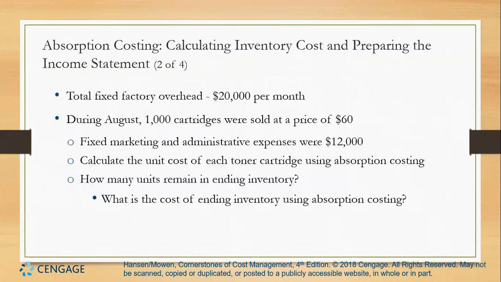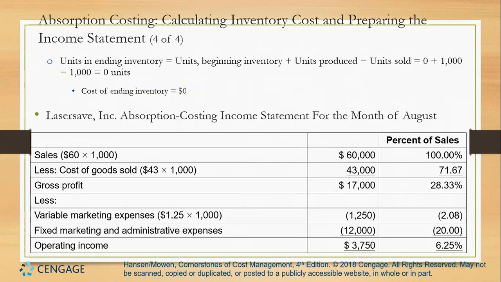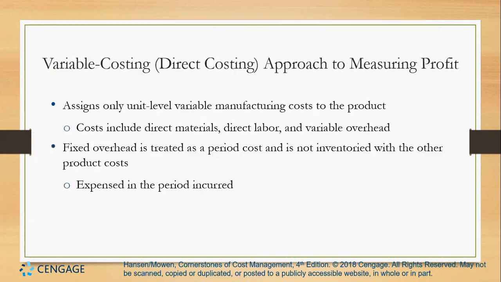Okay, absorption costing: calculating inventory cost and preparing the income statement. Again, this is just a repetition, so we will not stay long here. Under absorption costing, we have the data provided, and then the income statement, repeating only the previous slides.